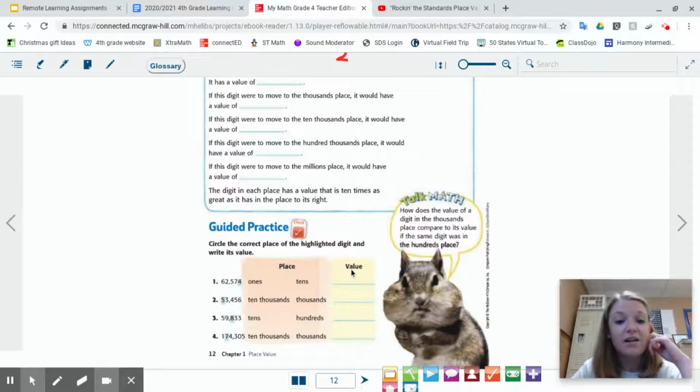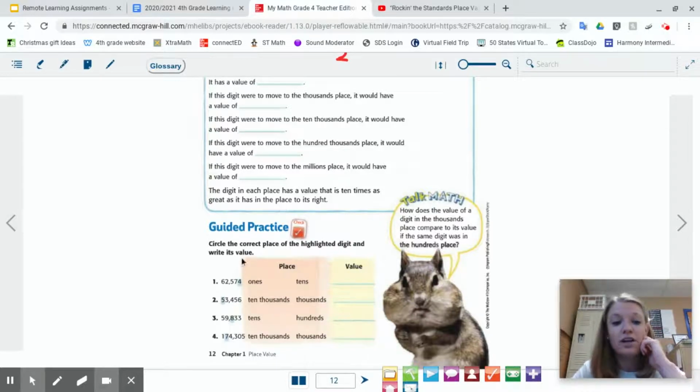When I say value, I want a number. Remember, the value of our watch isn't the tens place. It would be 50, okay, which is a number. So think about that. The 4, is it in the ones place or the tens place? It's in the ones place. Very good. The value of the 4 is just 4.